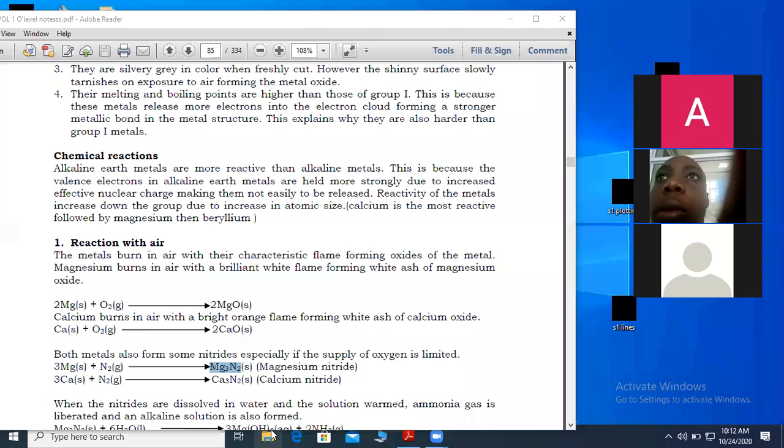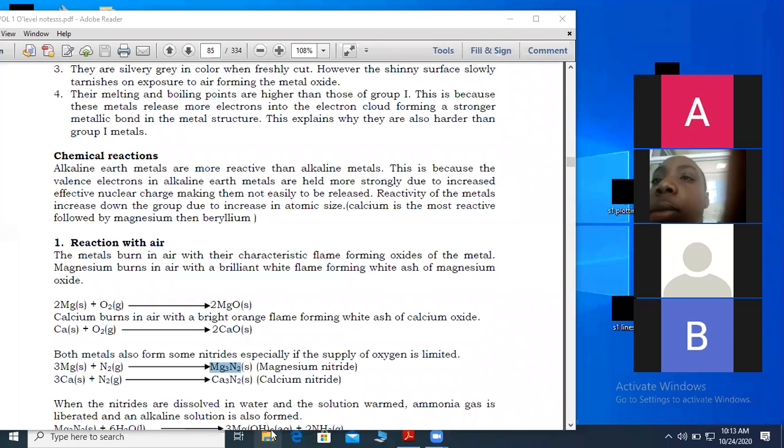Who can tell us the name of that alkaline gas? Only one alkaline gas in chemistry. Ammonia. Good. So when magnesium nitride is dissolved in water, the product is ammonia gas and magnesium hydroxide.